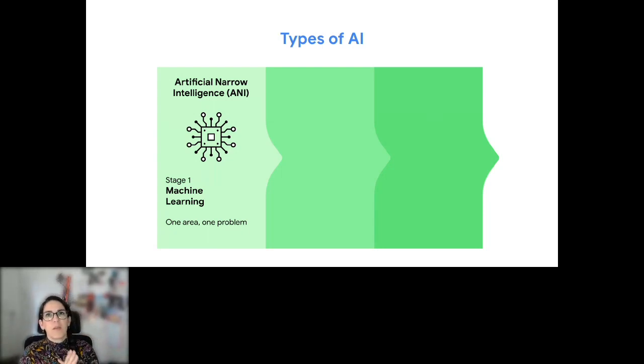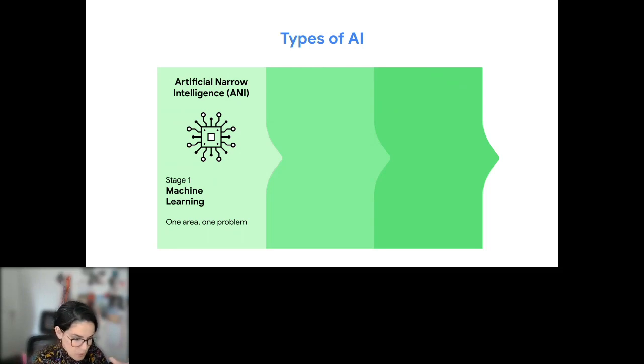So, for example, we can have a machine learning model, or an AI agent, that can play Go, and that agent can be really, really good at it, and it can even be better than a human, which has been the case, right? But that agent is very good only in that domain.